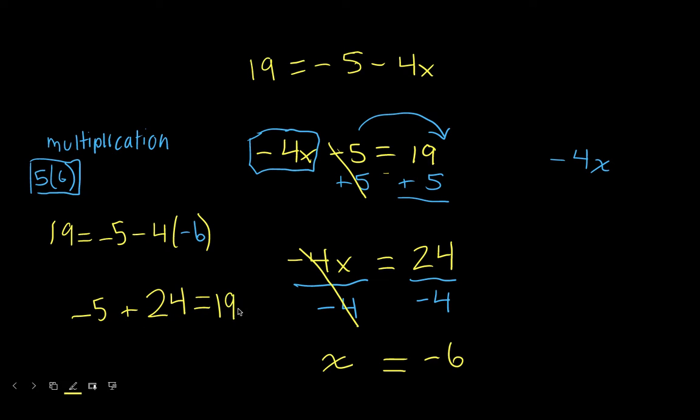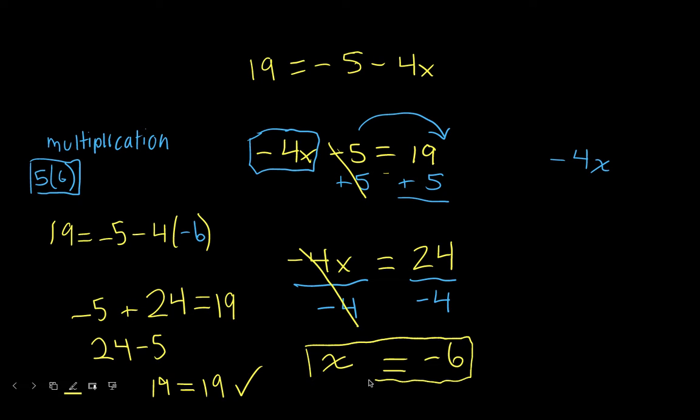Negative 5 plus 24 can be written as 24 minus 5. 24 minus 5 is 19. 19 is equal to 19. Check. So x is equal to negative 6. You always want to check your answer. All you have to do is insert the x, and you're golden.